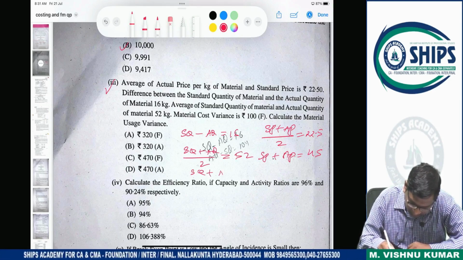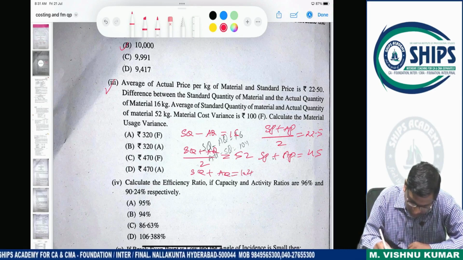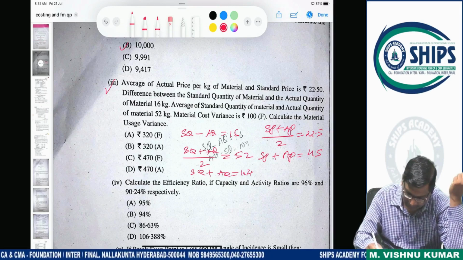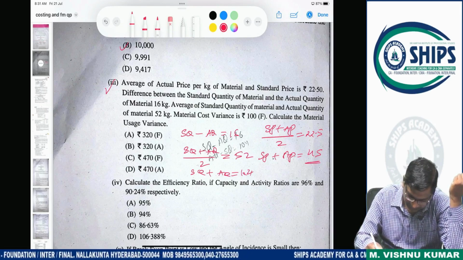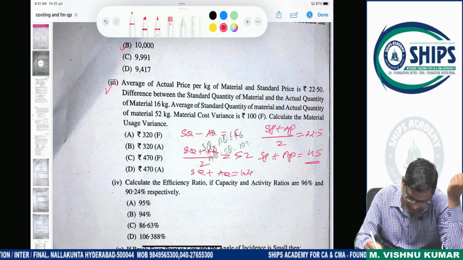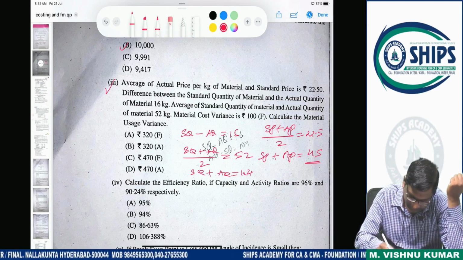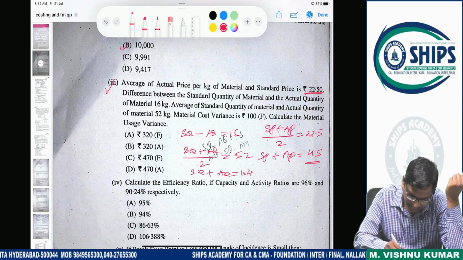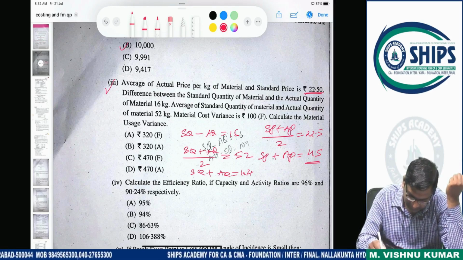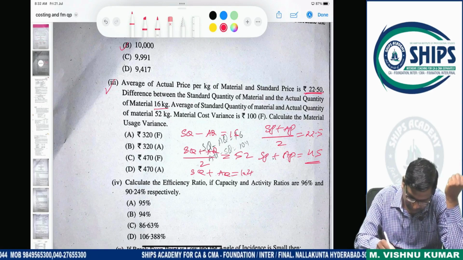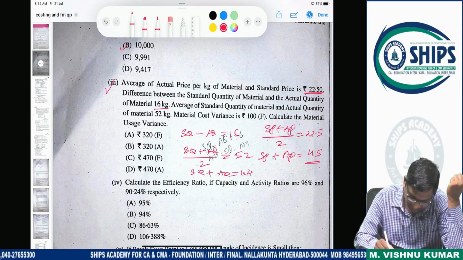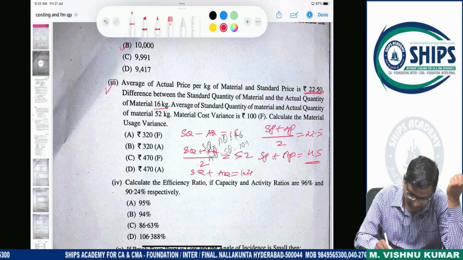So standard quantity plus actual quantity will be 104. So first we have to calculate these three inputs: standard price and actual price average given, then the difference between standard and actual quantity given as 16, and again the average of standard quantity and actual quantity, 52. So standard plus actual is 104.